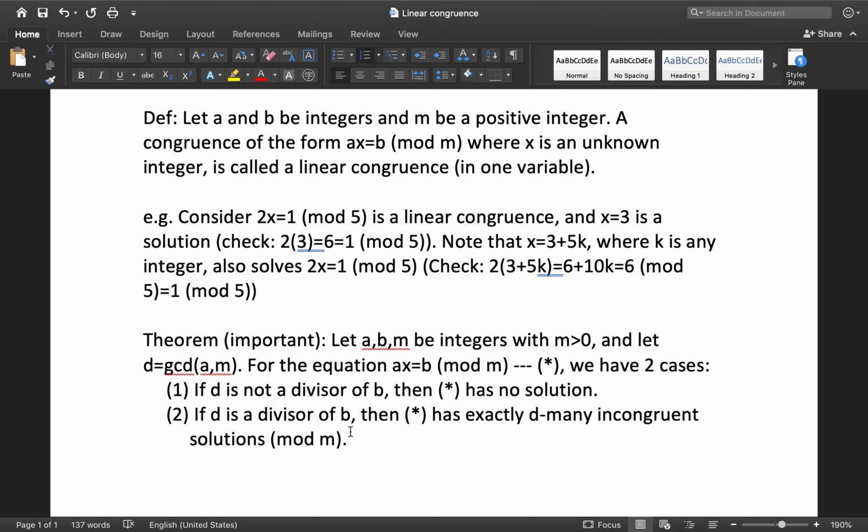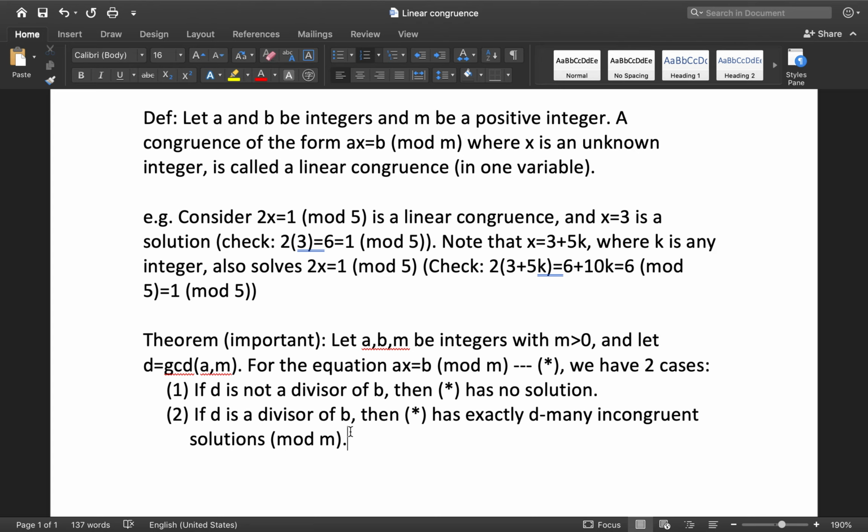Of course, if you look into this theorem, the more important part is the second part, because the second part tells you exactly what's going on about the solutions. But here I haven't told you what the solutions are.